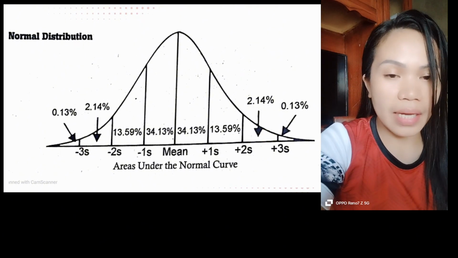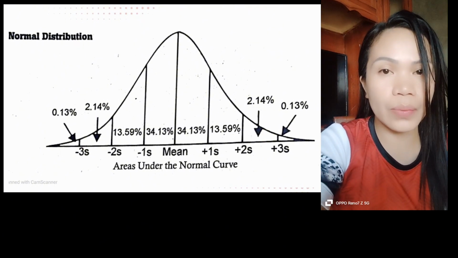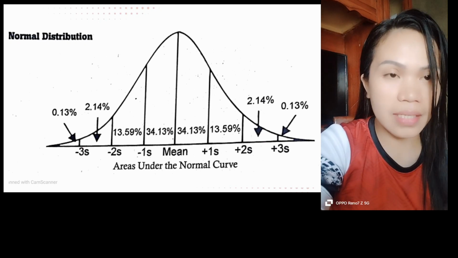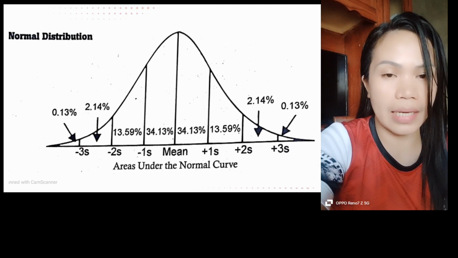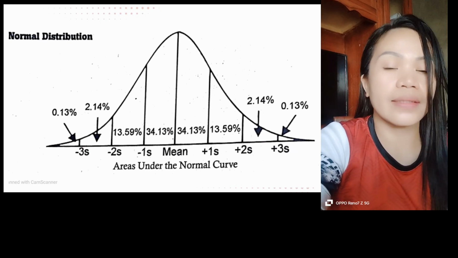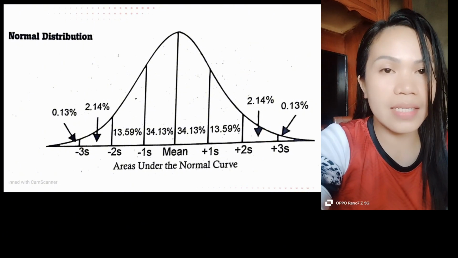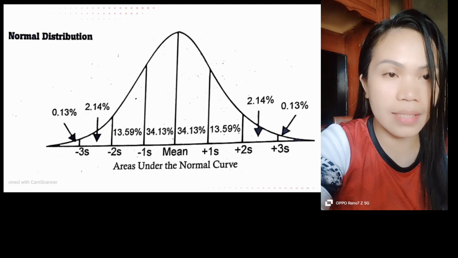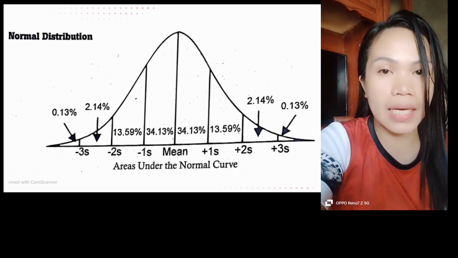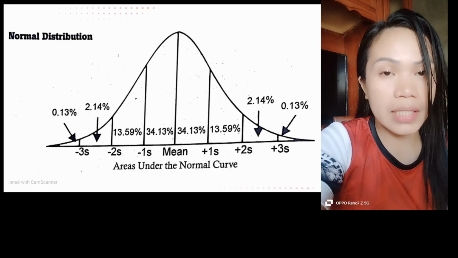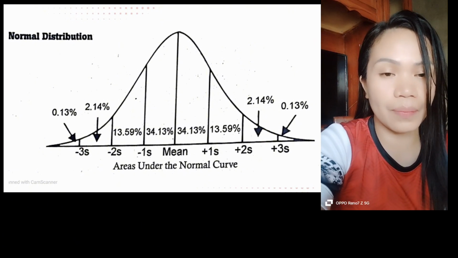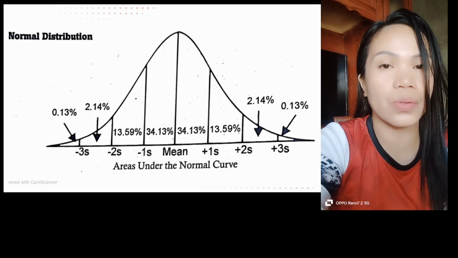Whereas the percentage of cases between the mean and the mean minus one standard deviation is 34.13%. So, hence, the percentage of the distribution of negative and positive one standard deviation from the mean is 68.26%. You just add 34.13% and another 34.13%.